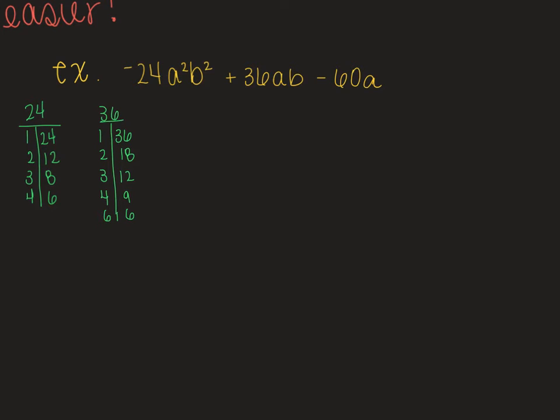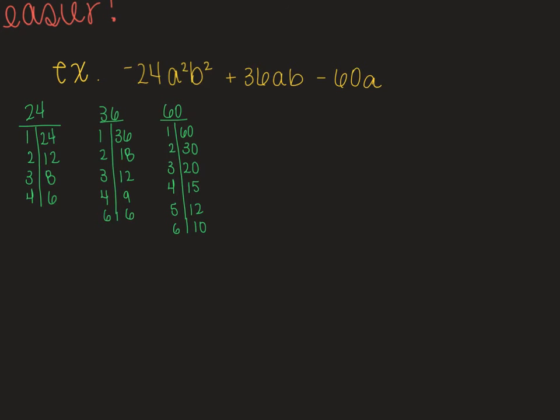And then we also have 60, so we're going to factor 60: 1 and 60, 2 and 30, 3 and 20, 4 and 15, 5 and 12, 6 and 10, and that's it.